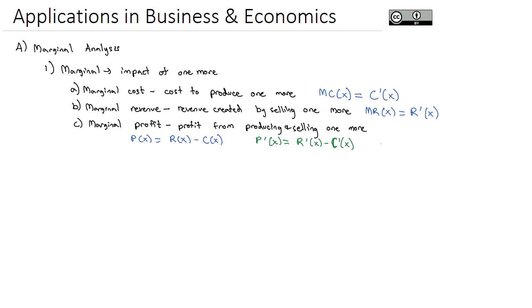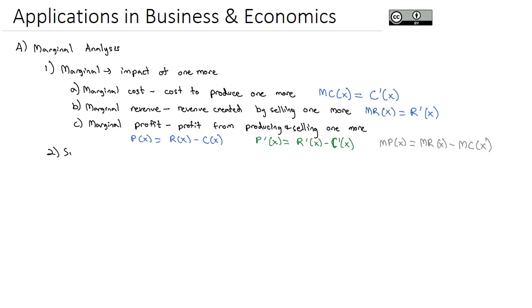Or in the general marginal terms, the marginal profit is equal to the marginal revenue minus the marginal cost. You'll see all three of these written out as useful formulas working with marginal analysis.